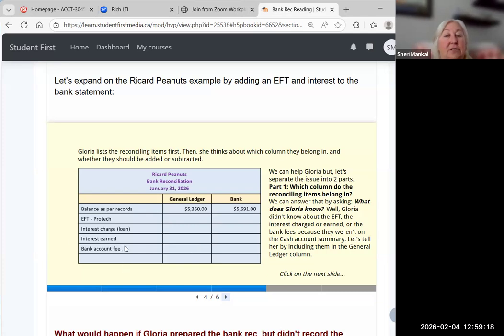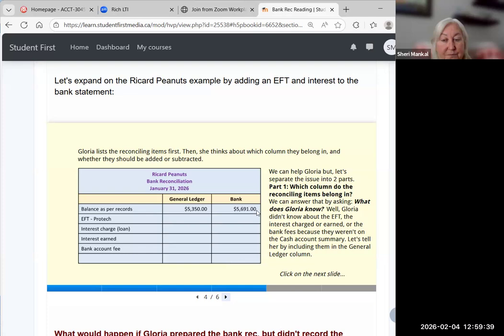And then there's always our service fees. Again, we know that we have the service fees coming, but we always wait till the adjusting entries to do it just in case there's any unexpected fees that we're not aware of. So a couple of these are going to be added to our bank account, and a couple of them are going to be subtracted from our bank account.